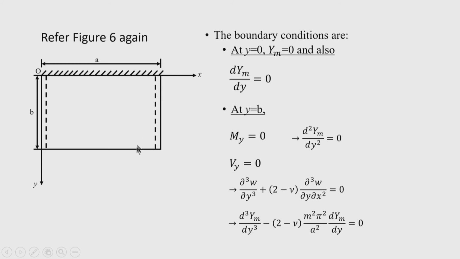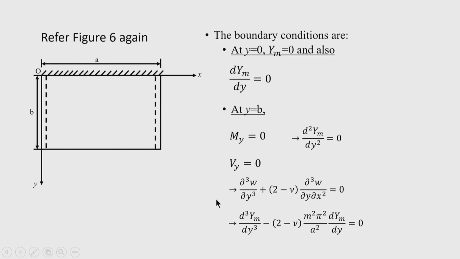At y is equal to b, that is this edge, M y equal to 0, that is d square Y m by dy square equal to 0, and S shear 0. S shear 0 means third derivative of w with respect to y plus 2 minus mu, mu is the Poisson ratio, into del cube w by del y del x square equal to 0. So, this obviously reduces to this equation, and imposing this we can find the constants of integration.